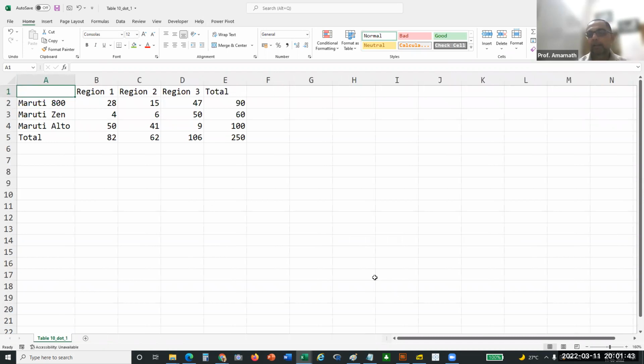I think we had already done this. I had shown you. We had to create a contingency table, or pivot table, but more meaningful from a statistical standpoint.